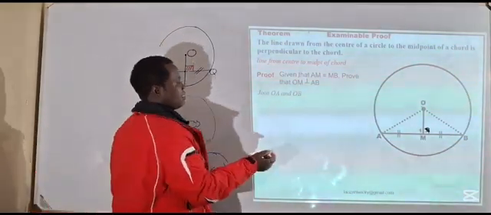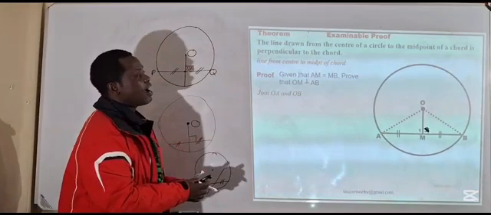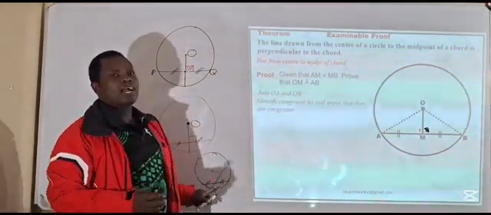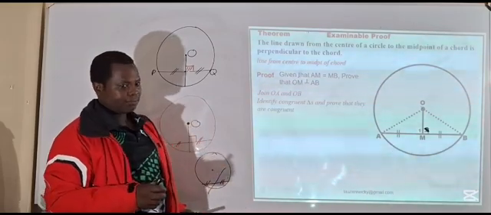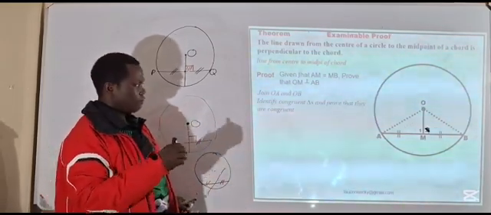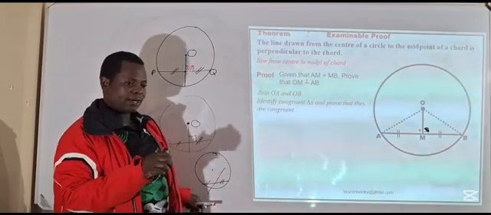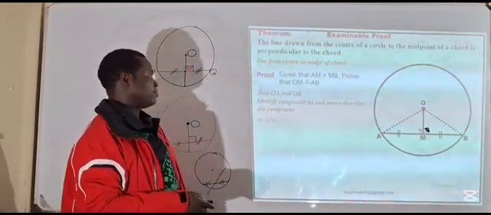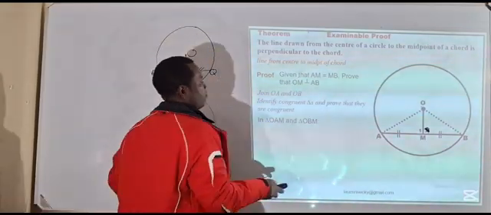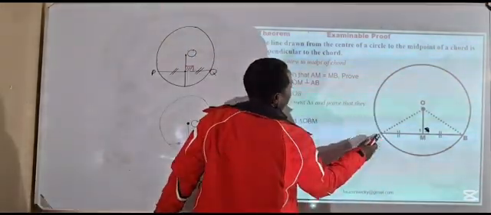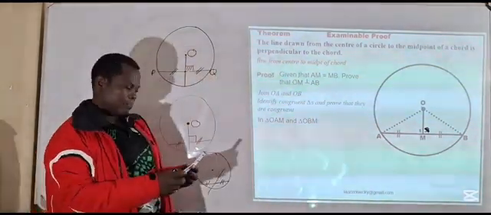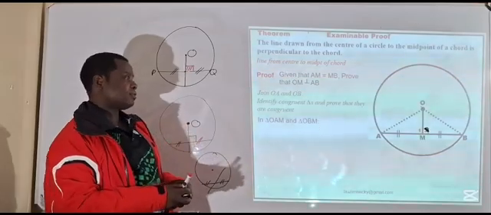Now, after drawing this line, identify 2 triangles that are congruent to each other and prove that those 2 triangles are indeed congruent. So my triangles in this case are going to start from point O: triangle OAM and triangle OBM. I need to remember something about circles.